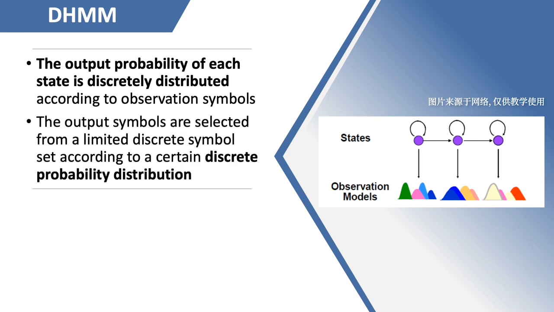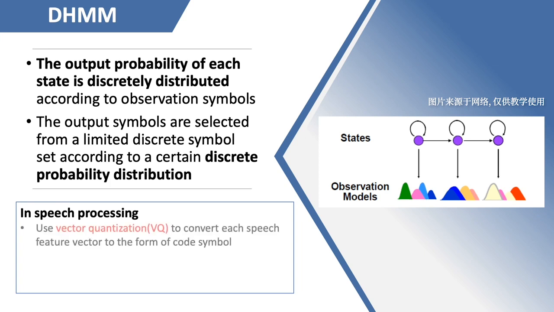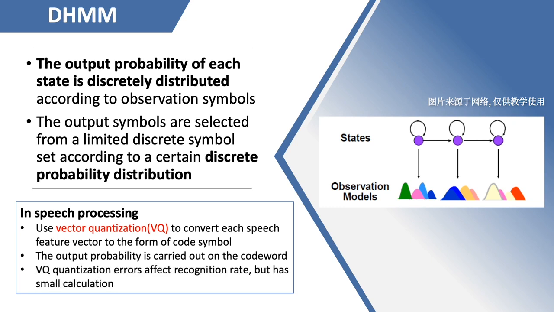The output symbols are selected from a limited discrete symbol set according to a certain discrete probability distribution. In speech processing, vector quantization, VQ, is often used to convert each speech feature vector to the form of a code word. The output probability is carried out on the code word, which can be regarded as a discrete symbol set. VQ quantization errors in discrete HMM will affect the recognition rate, but it has small calculation.